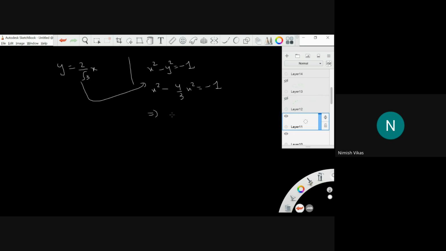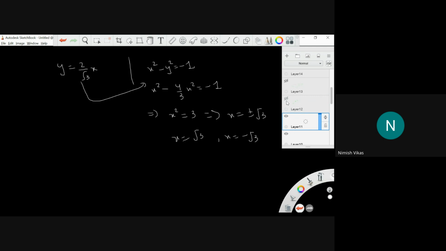So x square is 3. Is this right? Yes, okay. So x is plus or minus root 3. So we have two values: x can be plus root 3 and x can be minus root 3.